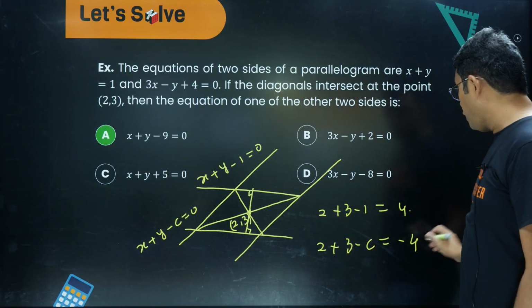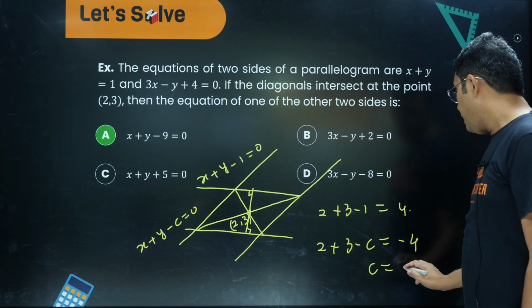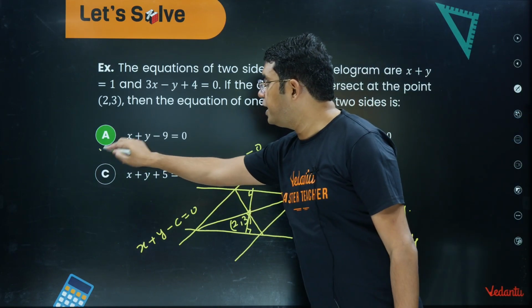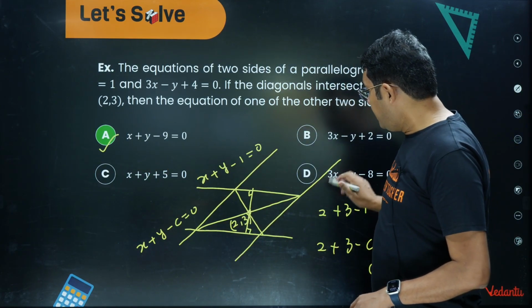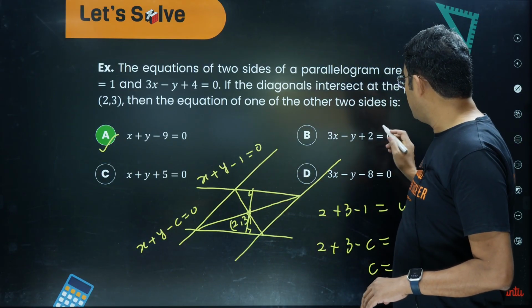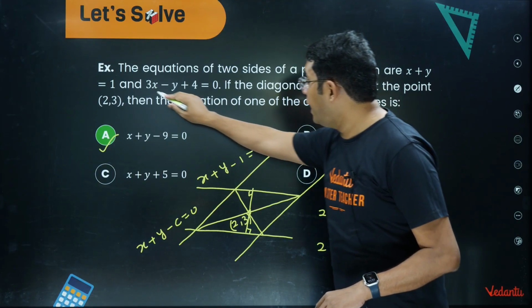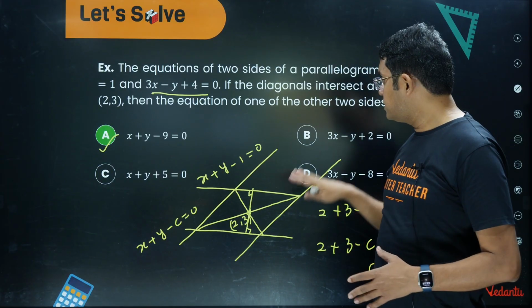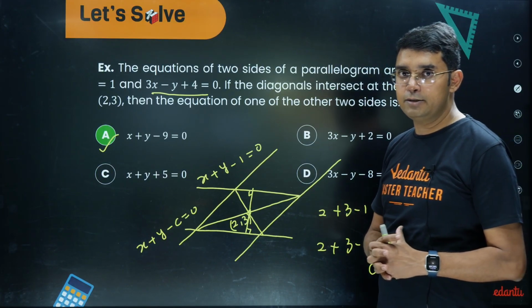From there you can find the value of c: c is equal to 9. So both ways you can get the answer as A. You can apply the same thing for the other parallel side also, and you can find that line. I think that option is not given in this question. So only A is the correct answer.